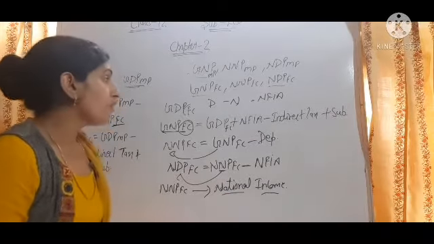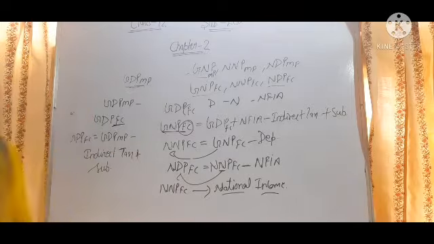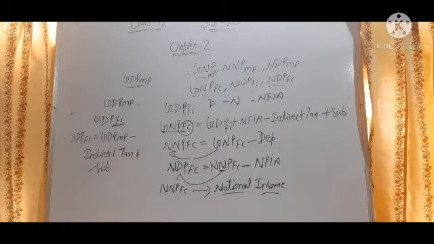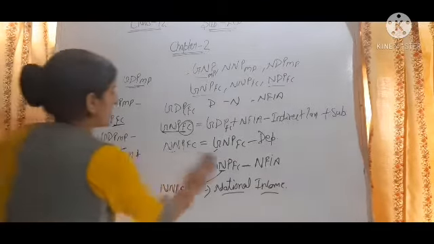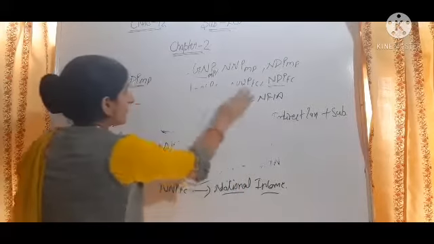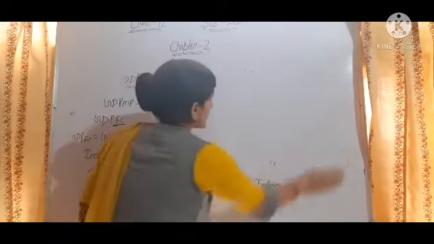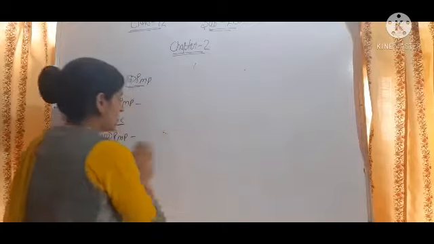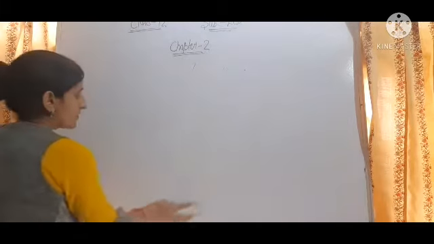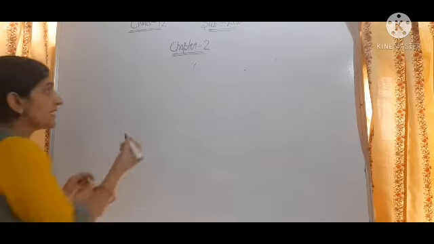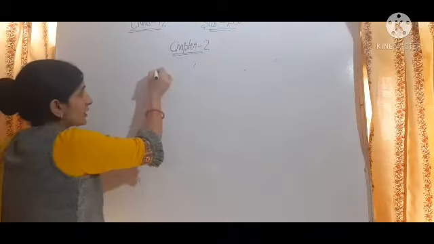So now we have nominal GDP and real GDP. Okay, the concept of nominal GDP and real GDP. National income, or we can say GDP, is calculated at two prices.